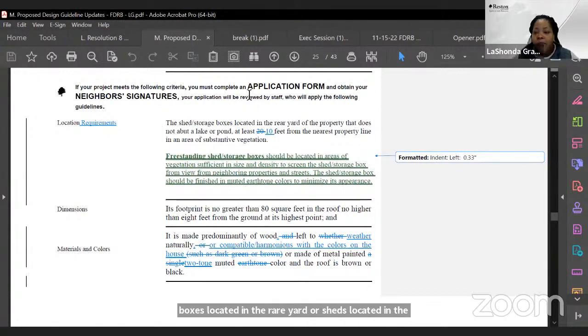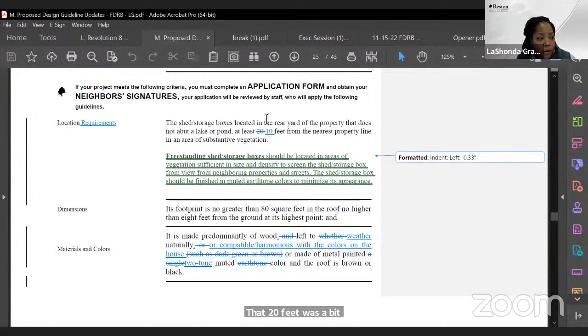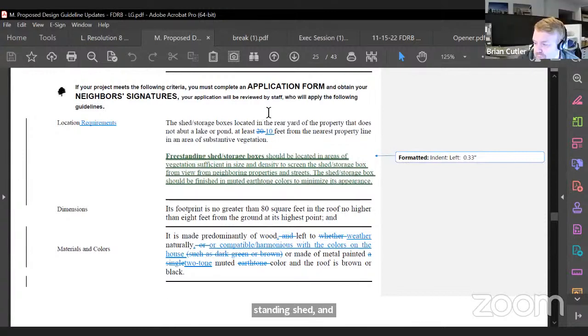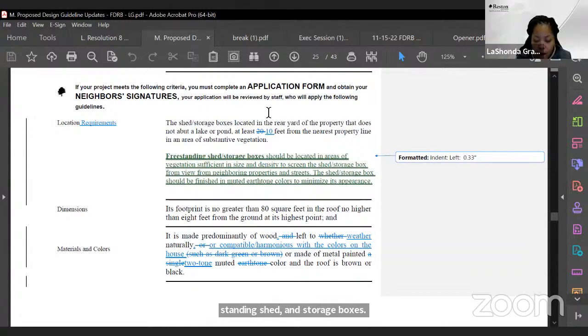We thought that 20 feet was a bit much. And then we also added freestanding sheds and storage boxes. We relocated that from conceptual and panel review to be staff reviewable in this section.